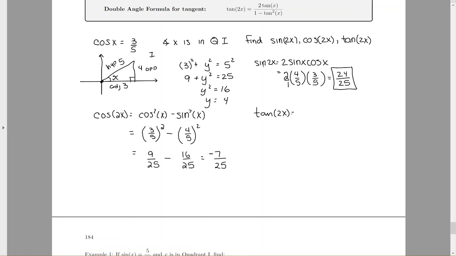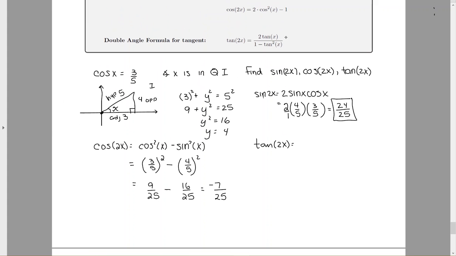So again, all I'm doing is going back to the generic formula up here, 2 tan x over 1 minus tan squared x. And then going back to my triangle, so you can see how important the triangle is on this, and figure out what the tangent function is.